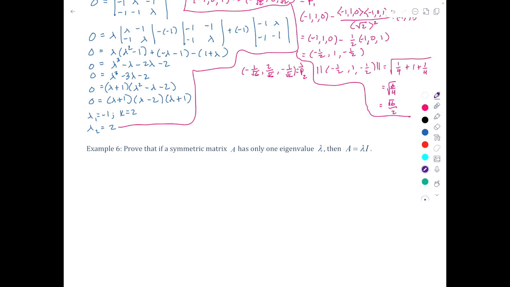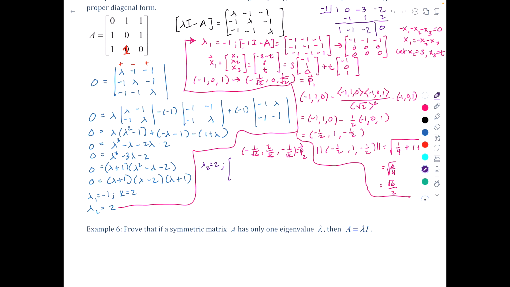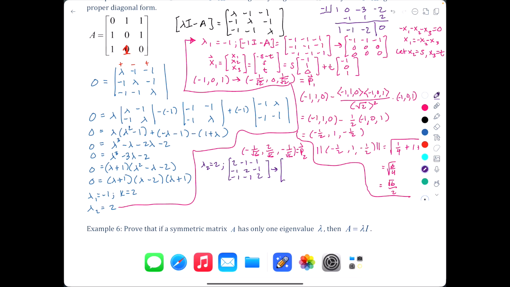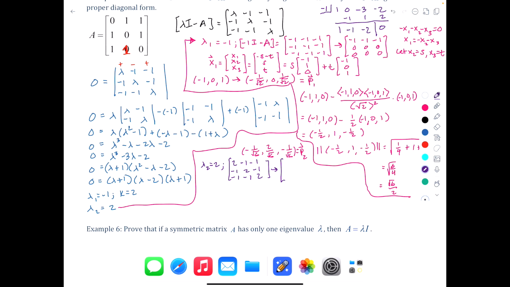And now the last one will be the easy one. So lambda 2 equal to 2. That's going to give us this one here. So we'll have 2, negative 1, negative 1, negative 1, 2, negative 1, and then negative 1, negative 1, 2. We're just going to use MATLAB to find our REF of this guy.